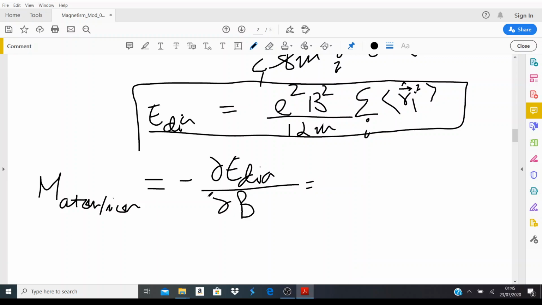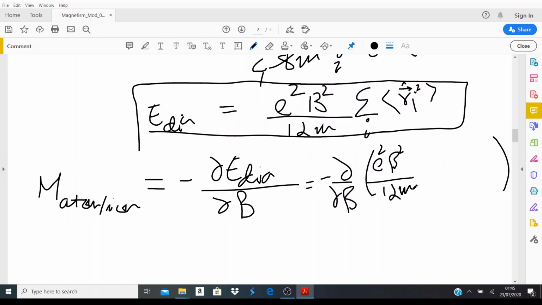Now if you look at this expression, minus is convention, so we have d dB and then the whole expression here, which is e square B square over twice m, and we need to sum over the expectation value of this quantity ri square. If you look at this expression, everything is independent of B except the B square, right?